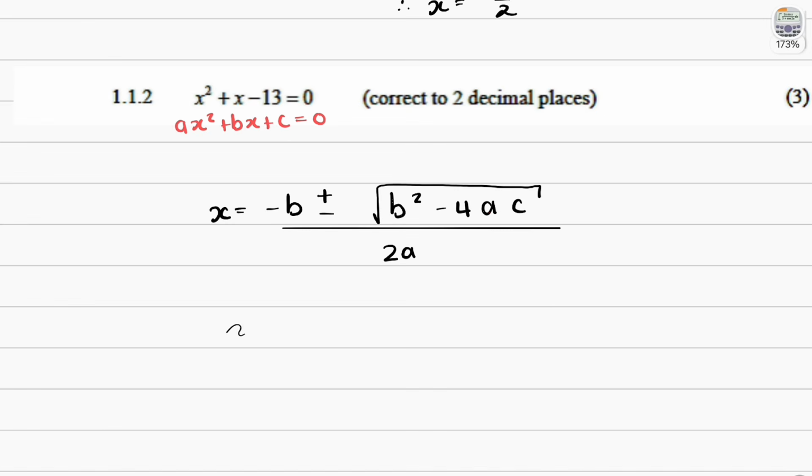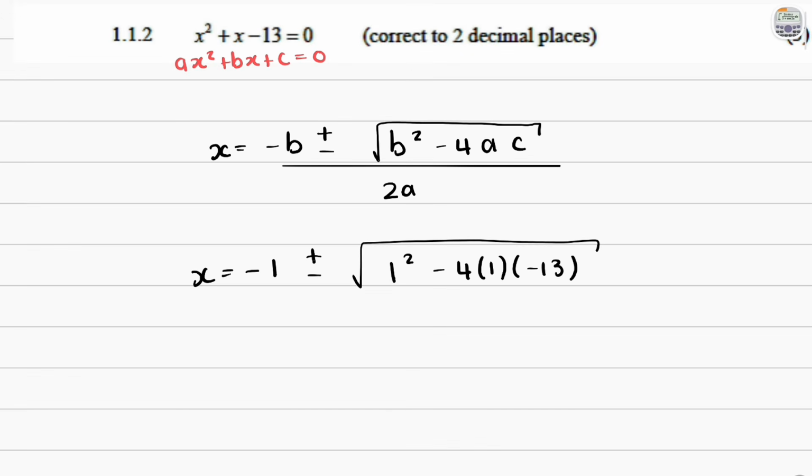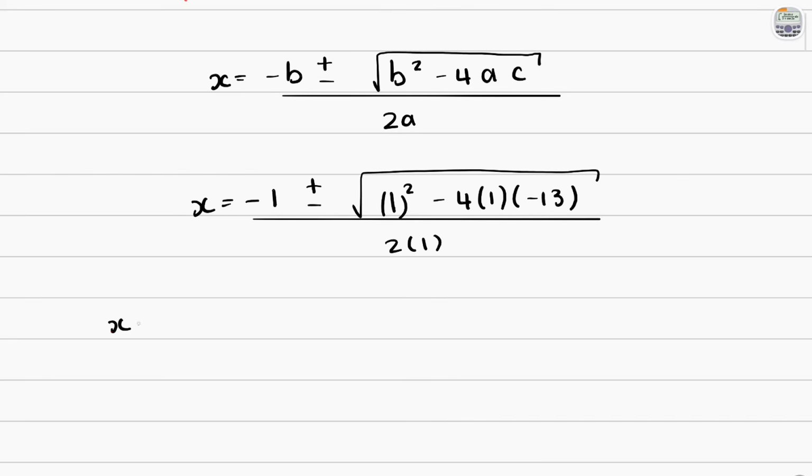So from this, we can see that the value of b, we have negative, and b is 1, that coefficient of x. The number in front of x is 1, plus minus the square root of, that's just going to be 1 squared, minus 4 multiplied by a, which is 1, times c, which is negative 13. And let's go ahead. So all over 2a, so 2 times 1.